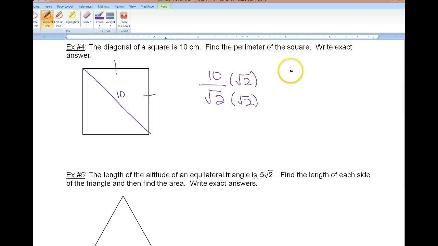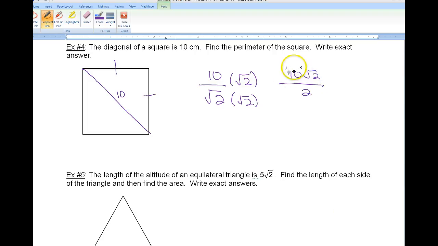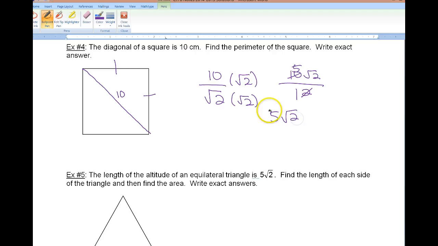So then it's 10 root 2. You're on the right track. 5. So 5 root 2 times 4. 20 root 2 is 8.